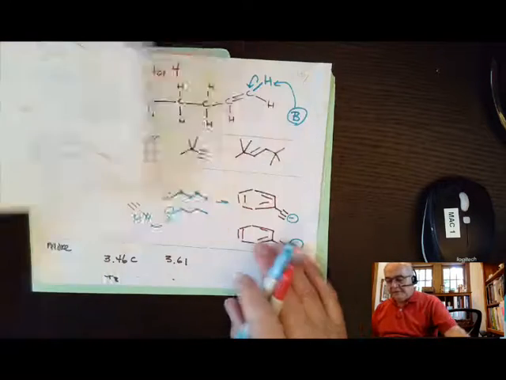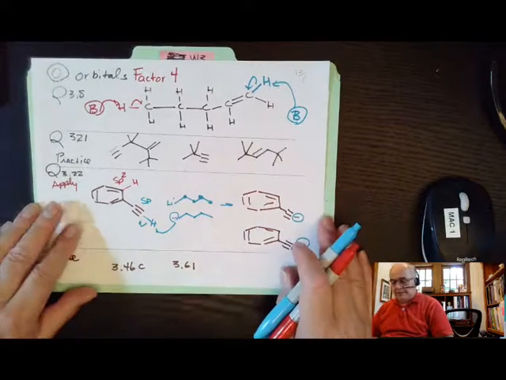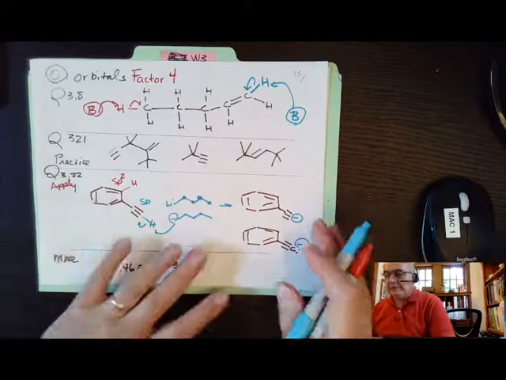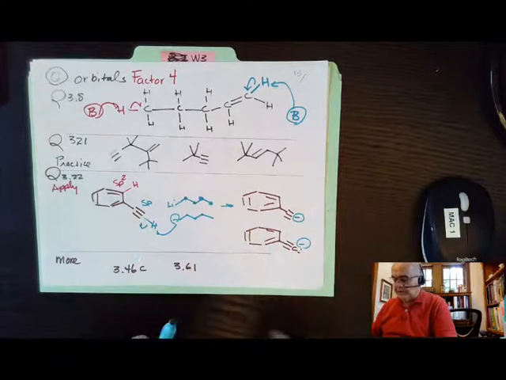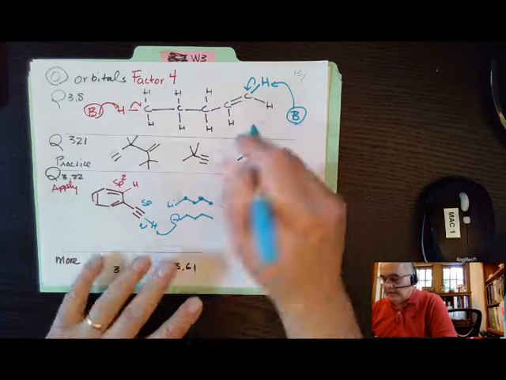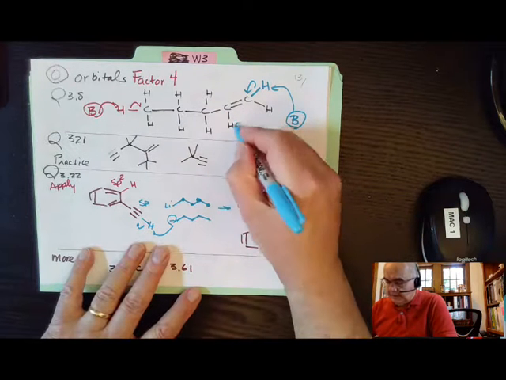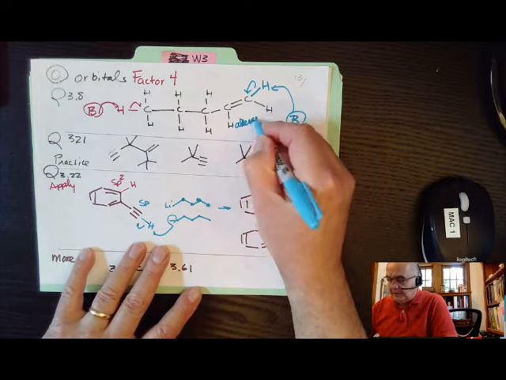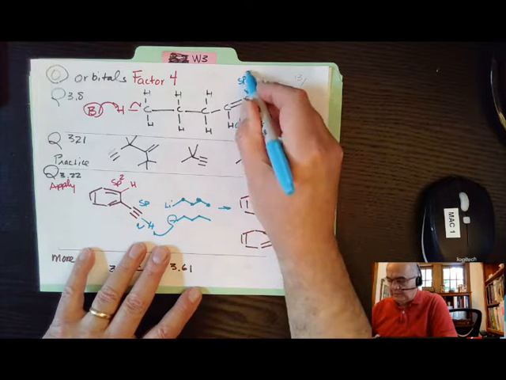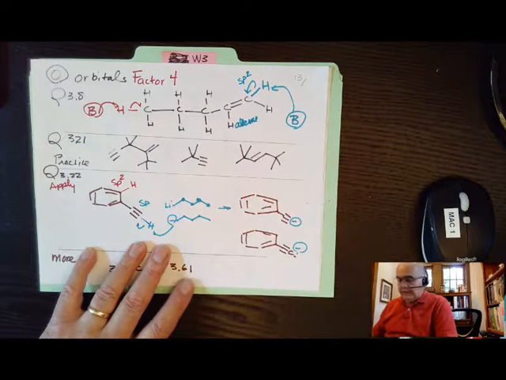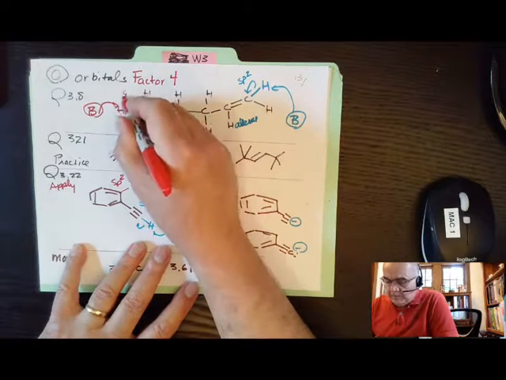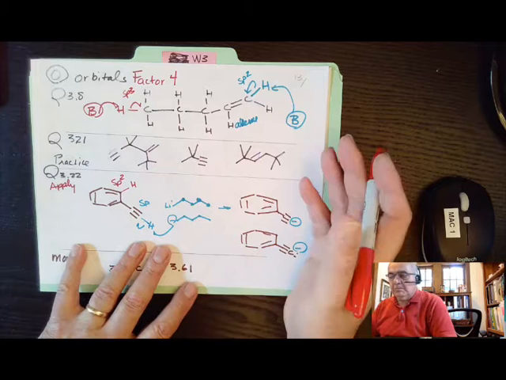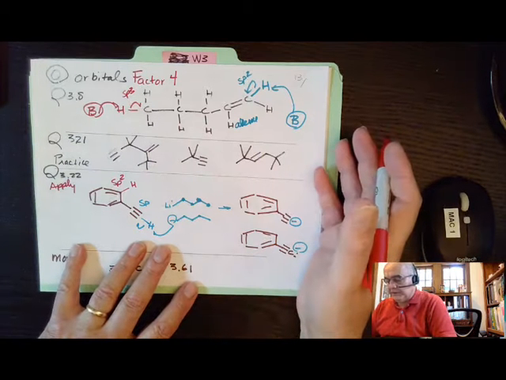In factor 4, we're looking at orbitals. So here we have a structure. At one end of the structure, we have an alkene. Remember, alkene is sp2. On the left side, we have an alkane, which is sp3. Again, there are two protons we can remove.